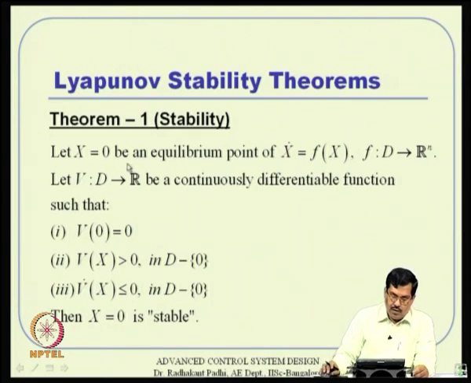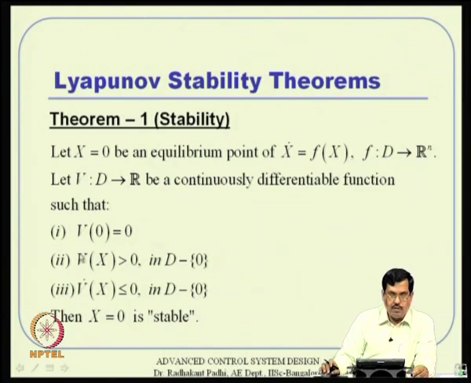Alright, the theorem reads like this: let x equal to 0 be an equilibrium point of this system, the regular thing that we started with, f is defined from D to Rn, and let V, from D to R, be a continuously differentiable function, such that these conditions hold. That means, V of 0 has to be 0, you have to select a V of x which satisfies this. V of x is strictly greater than 0 in D minus 0.